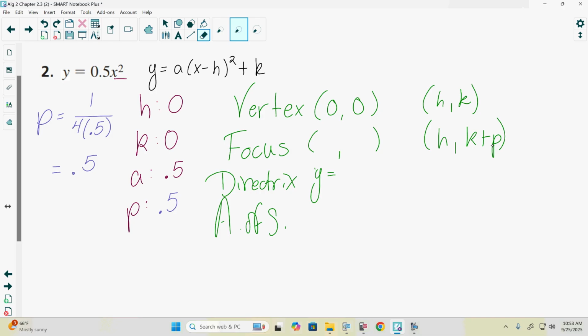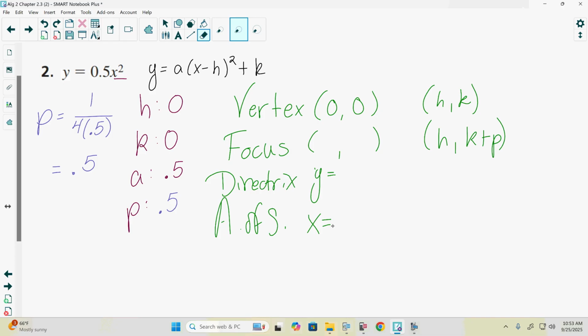So again, that's why I've been saying, especially all this week, make sure to be referring back to the general forms, because it is very easy to flip these, because I just did it right there. Because we have y equals, the focus is (h, k plus p). I was trying to apply the focus for the other equation.